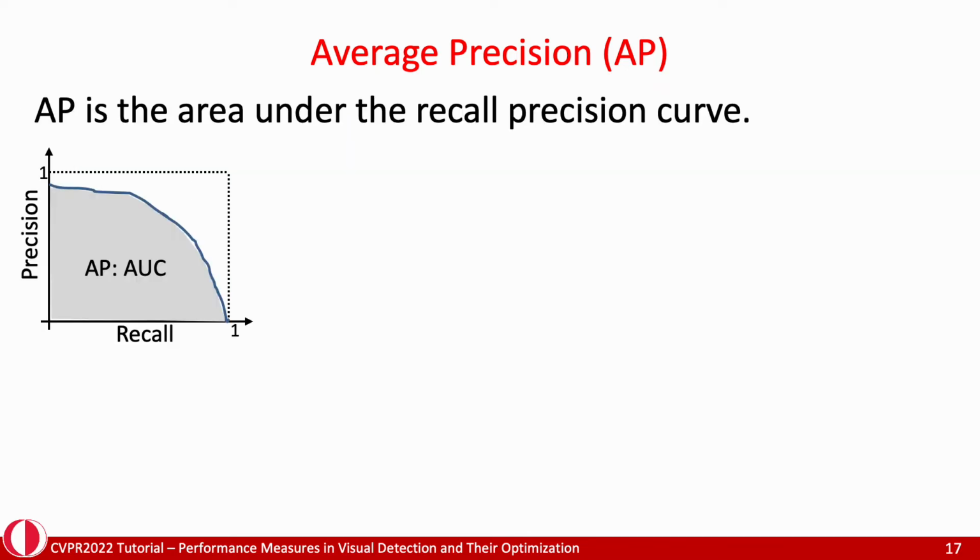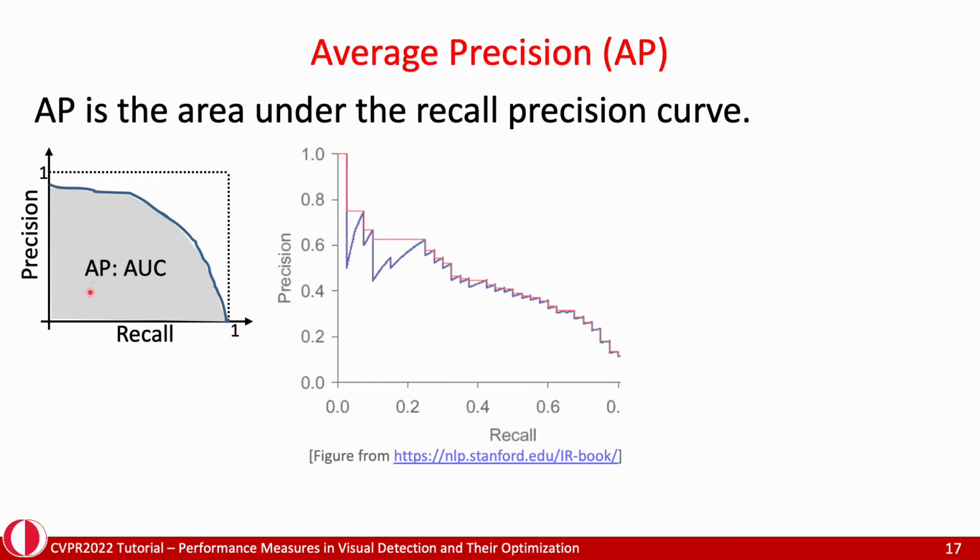Finally, theoretically speaking, we would obtain a plot that looks like this, and the area under this curve is what we call average precision, or AP. However, what happens in practice is that you get a non-monotonic curve, because when you, for example, decrease the threshold t a little bit, the recall might stay the same, but precision might decrease.